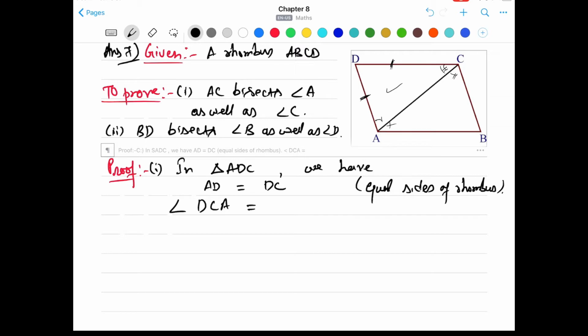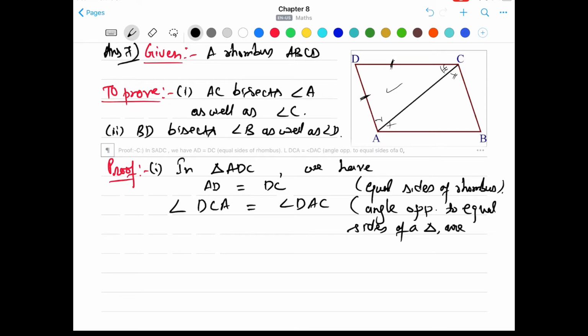Okay, angle DAC, these two angles will be equal. The reason is angles opposite to equal sides of a triangle are equal. That's why we got these two angles equal.